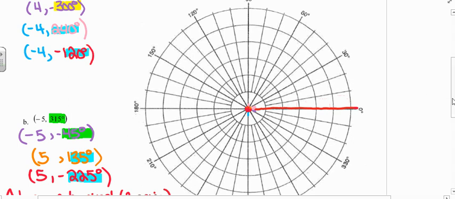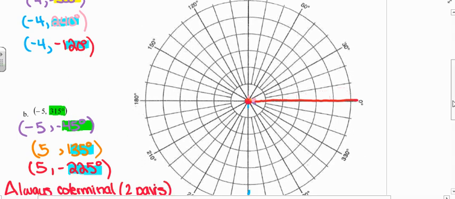All right, so first thing I have to do is plot the terminal side of my angle. That's going to be at 5 pi over 6. So there's 5 pi over 6.